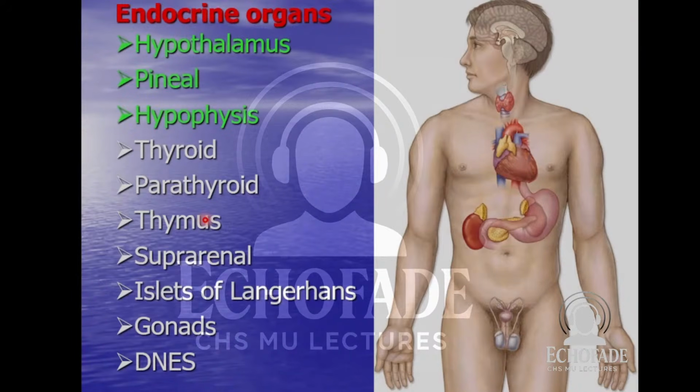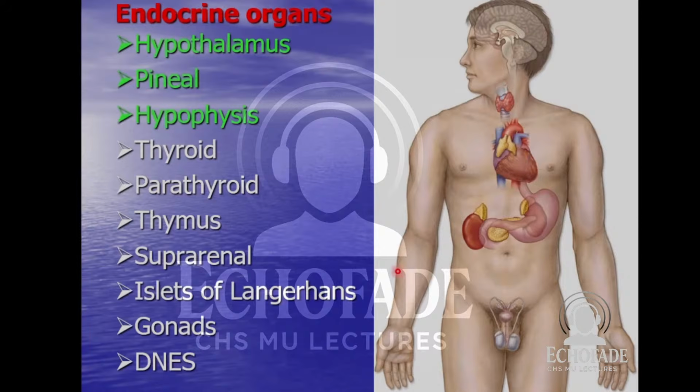The thymus is in the anterior mediastinum within the thorax. Then we have suprarenal glands above the kidneys. Each of the kidneys will have a suprarenal gland. And then the islets of Langerhans, which are in the pancreas.